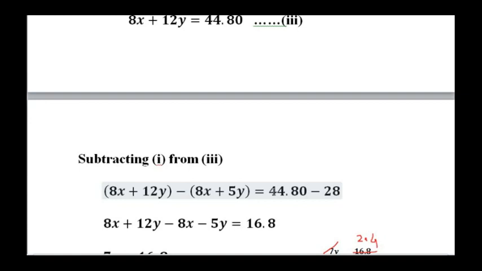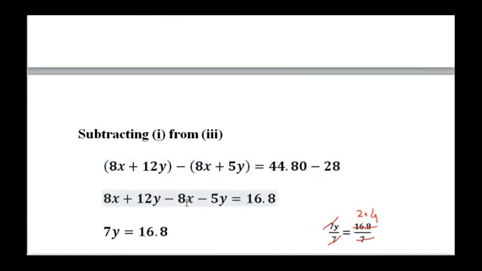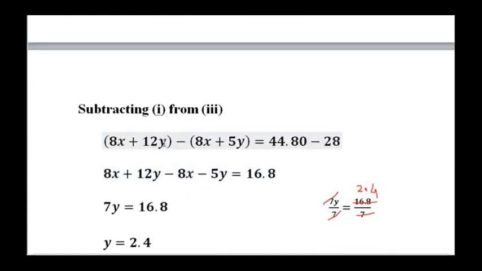The next step is to simplify the resulting expression. So 8x plus 12y, I'll multiply this negative sign by positive 8x and then by positive 5y. Negative times positive 8x is negative 8x. Negative times positive 5y is negative 5y. On the right side, if we subtract 28 from 44.80, we get 16.80.